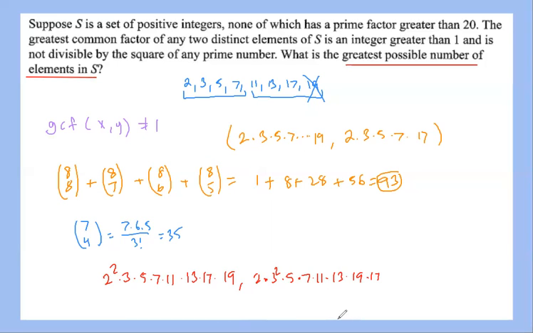Which means if only one of those prime numbers is a perfect square, then they will have no perfect square divisor in common. So only one of them will have it. If I take 2 squared, not the other ones, or if I take 3 squared, not the other one, we could achieve this restriction as well. So we could have 8 different numbers like that.